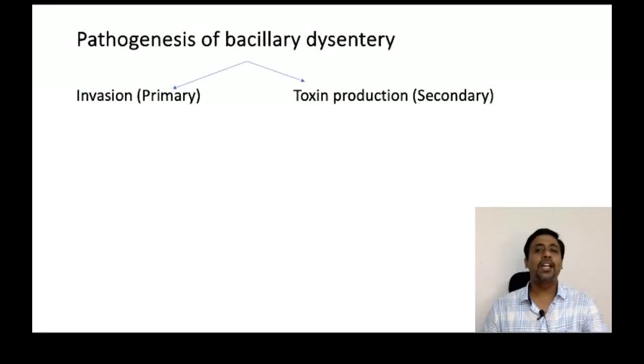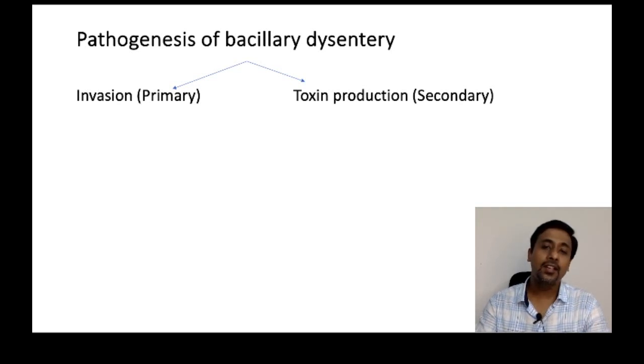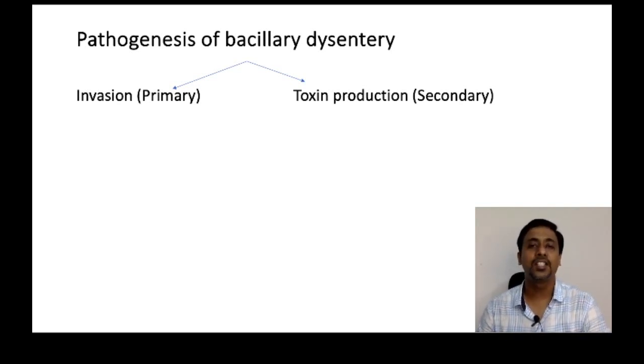Now coming to the pathogenesis of bacillary dysentery. Bacillary dysentery is primarily caused by the invasion of the bacilli into the intestine, and secondarily by toxin production. But the main pathogenesis behind the dysentery is the invasion of the large intestine by the bacilli.